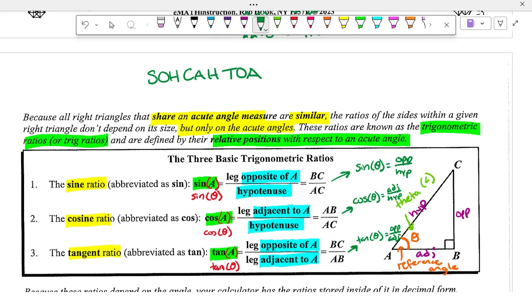All it stands for is sine, opposite, hypotenuse; cosine, adjacent, hypotenuse; tangent, opposite, adjacent.